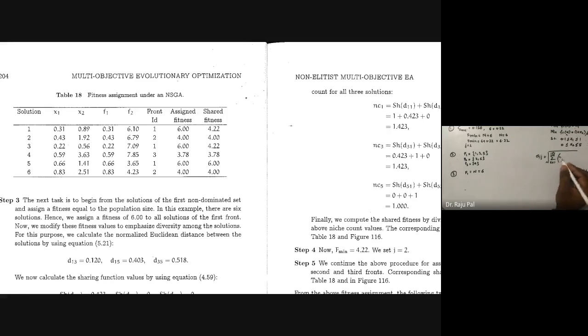We sum up the calculated values: xk of the ith solution minus xk of the jth solution, divided by x max of the kth front minus x min of the kth front, to the power 2, that is, whole square. By this formula, we calculate the distances.